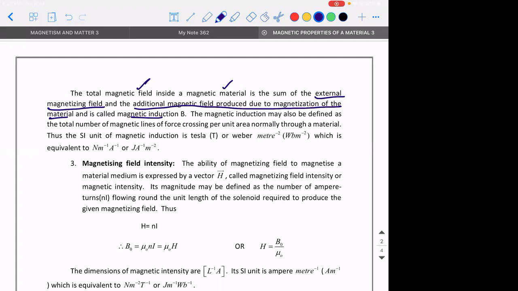See, there will always be alternate definitions also. That is in terms of permanent magnetism. Sometimes you can speak in terms of current also. So the magnetic induction can also be defined like this. It can also be defined as the total number of magnetic lines of force crossing unit area through a material.